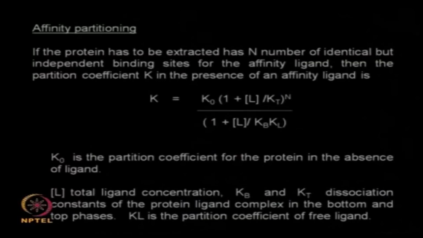So I can select a suitable ligand so that I can enhance my partition coefficients tremendously. I will be able to enhance the extraction efficiency by a very large number by selecting suitable ligands and also by selecting suitable ligand concentration.